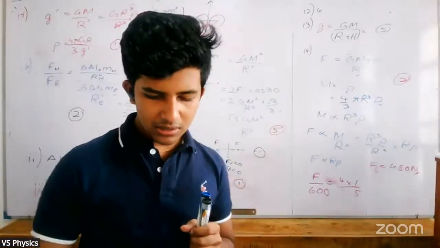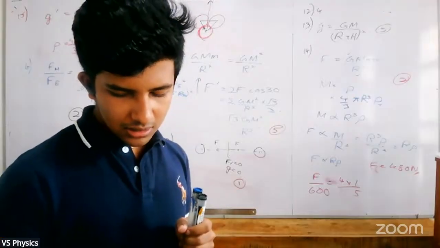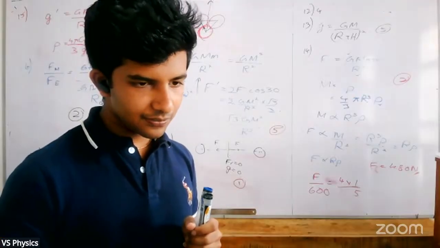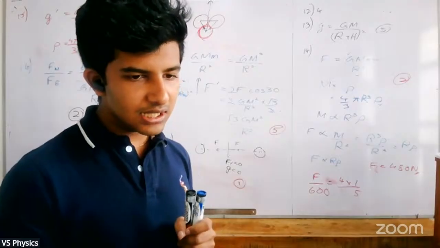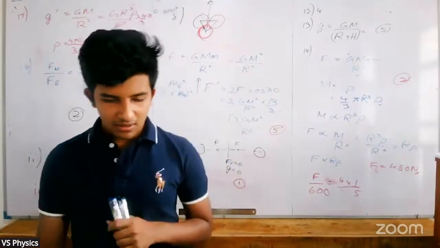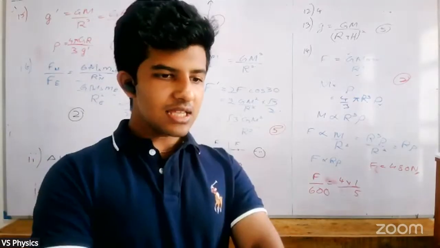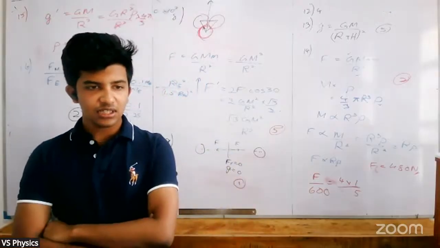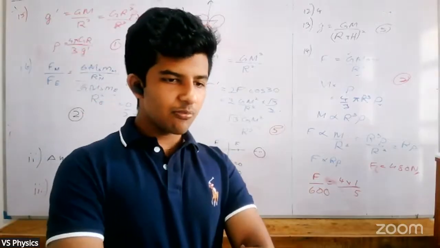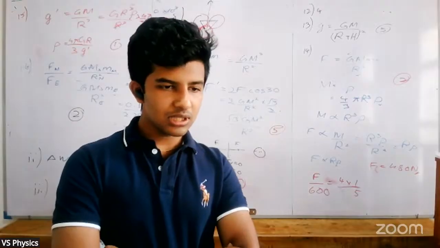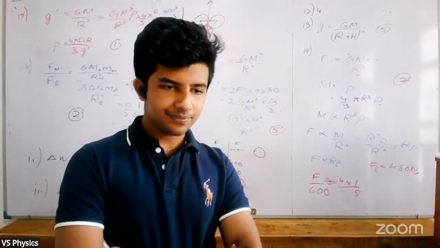Did you do the seventeenth one? No. Figure shows an isolated system of three masses. The mass capital M is at rest under the influence of the masses M1 and M2, which are held in position indicated in the diagram.